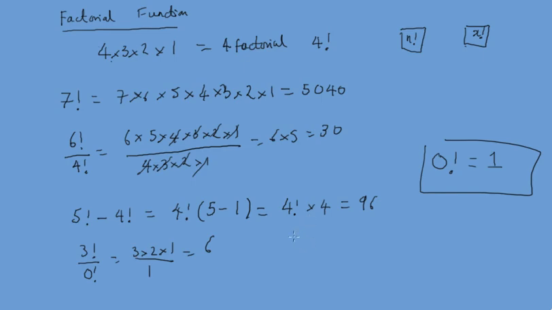So in general, n factorial is n times n minus 1 times n minus 2 times n minus 3, and so forth, until you get to 3, 2, 1.